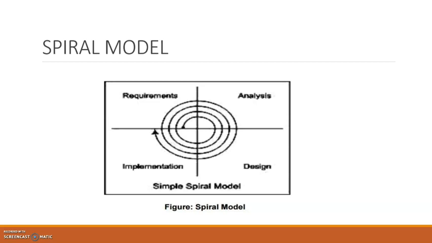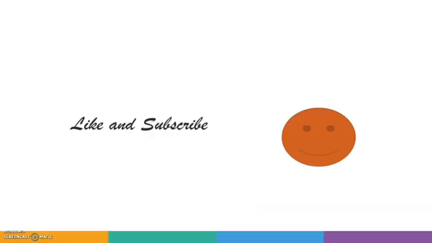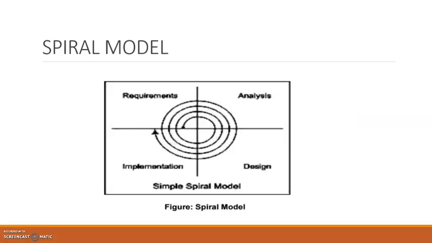Next one is the spiral model, that is the last model. In the spiral model, there are four things happening, and these four things happen multiple times, that is, in a loop. First one is requirement. The customer is going to define the requirements and will also give you the documents for the requirements.